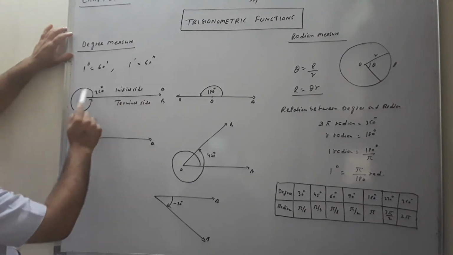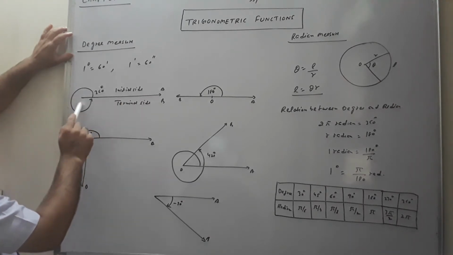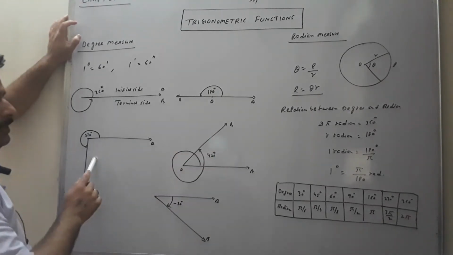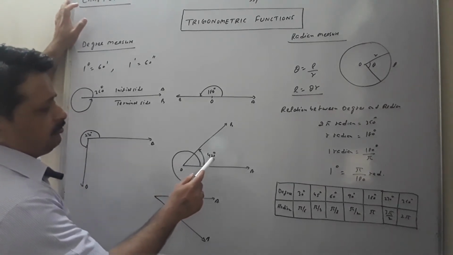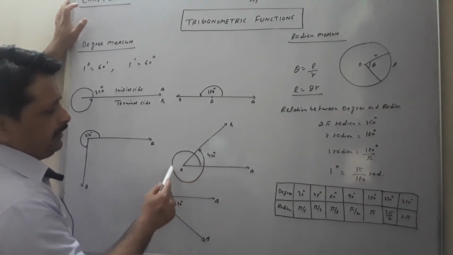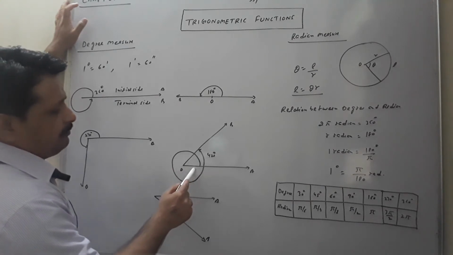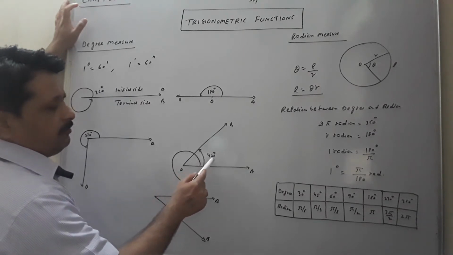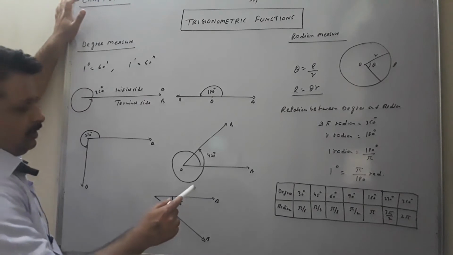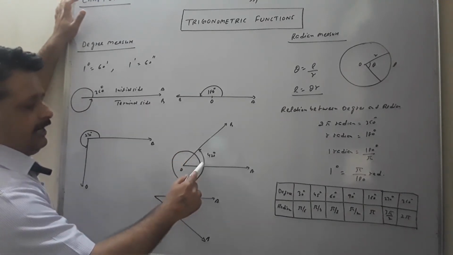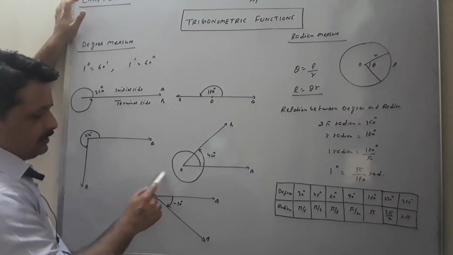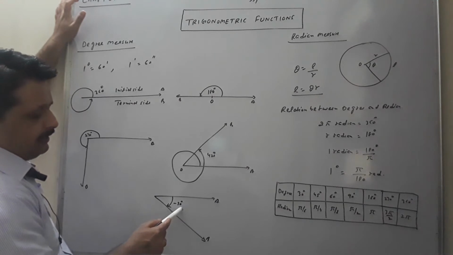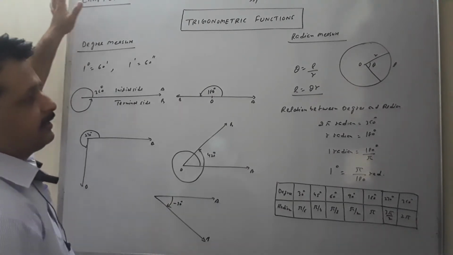This is the initial side and that is the terminal side, and it completes an angle of 360 degrees. In the same way, here is 180 degrees, 270 degrees, and this angle is 420 degrees, because we complete one rotation and come here, so it is 360 plus 60 degrees, because this angle I have taken as 60 degrees, so it comes as 420 degrees. Here we are moving anti-clockwise, but while moving clockwise, remember the angle will be negative, so this is minus 30 degrees.